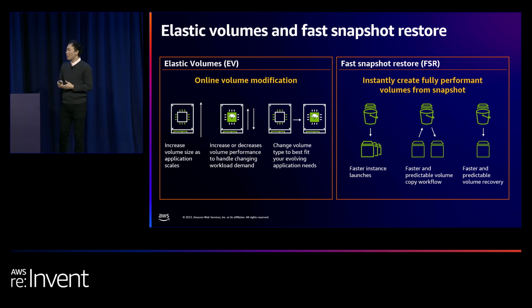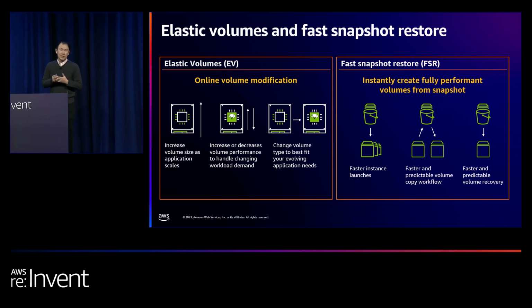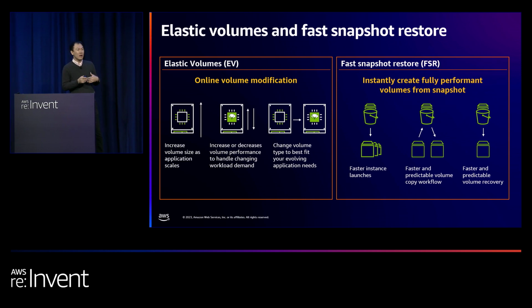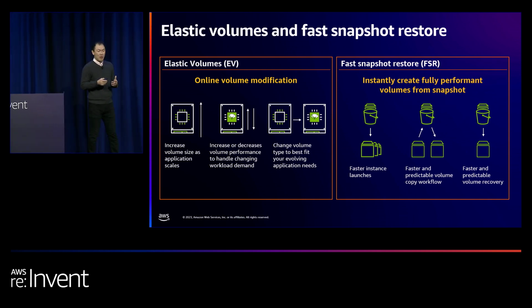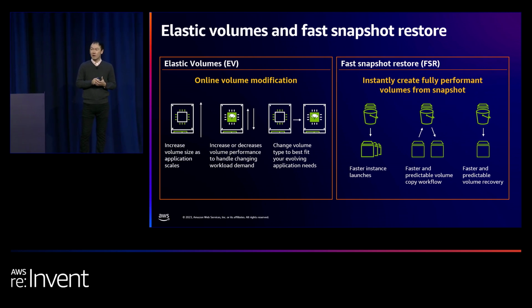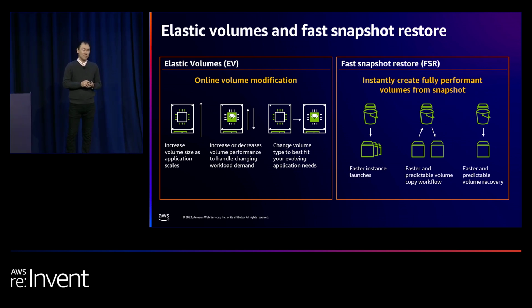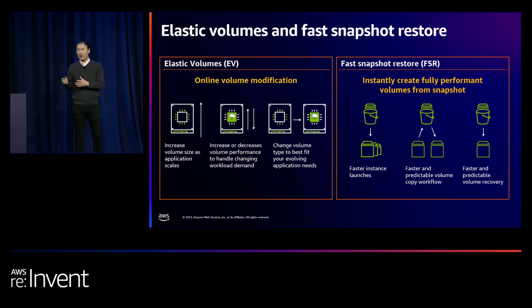Now, we launched another thing called Fast Snapshot Restore. This is to address another very important issue for the customer. It removes the impact of volume initialization. So when you restore or launch a volume from an EBS snapshot, this data is stored in Amazon S3 on the snapshot, and when you create a volume, the data needs to transfer from S3 to EBS.